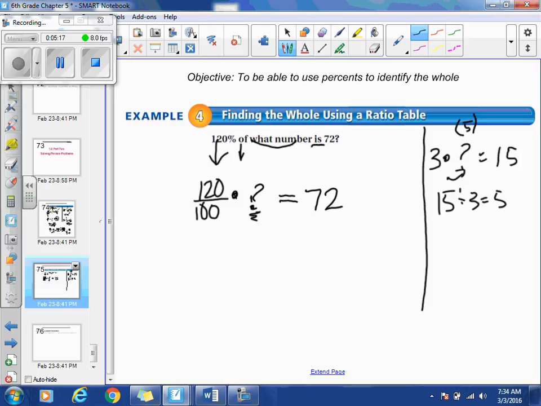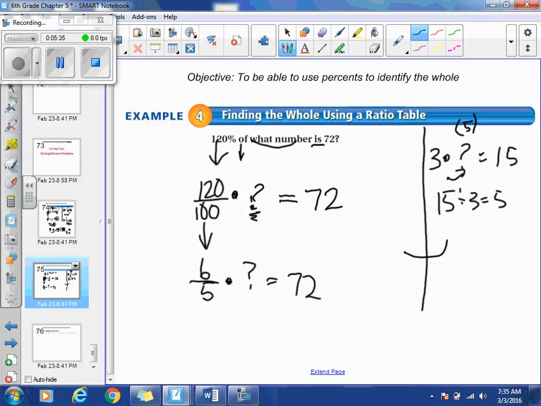That number is 5. So over here, we're going to first simplify our fraction. 120 over 100 can be simplified to 6/5. If you don't simplify it, it's okay. You're just going to be working with bigger numbers. So 6/5 times what number equals 72.